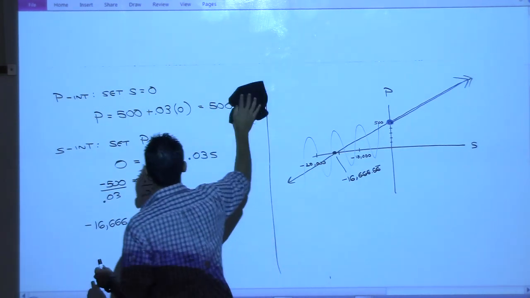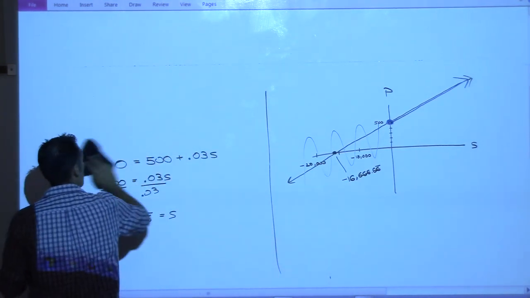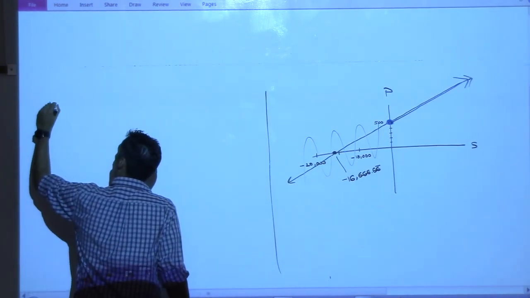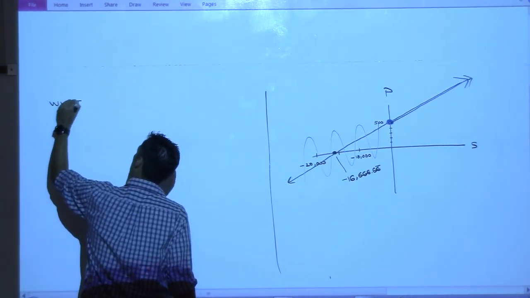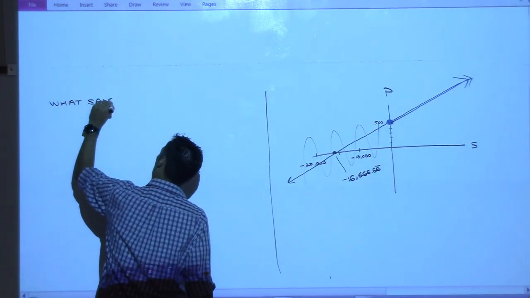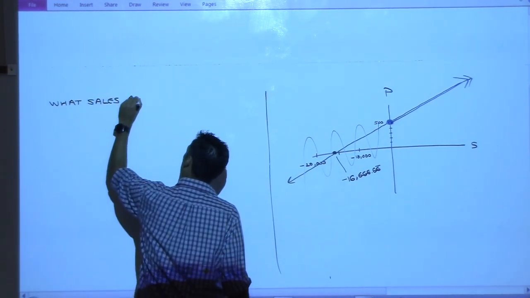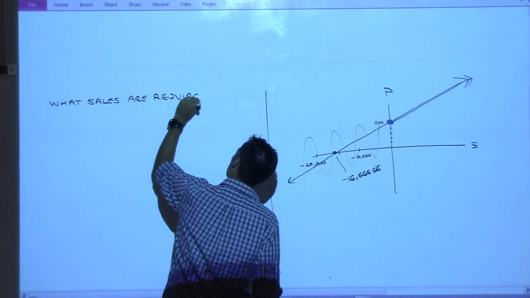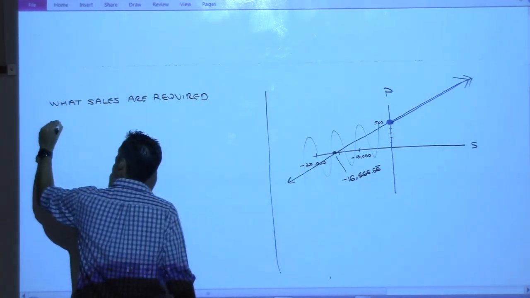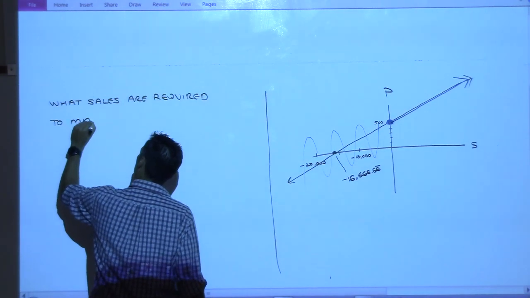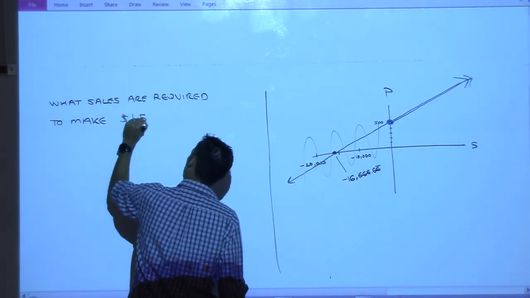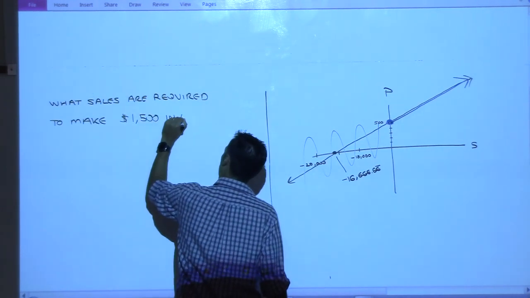So adding on to this, what sales are required to make $1,500 in a week?